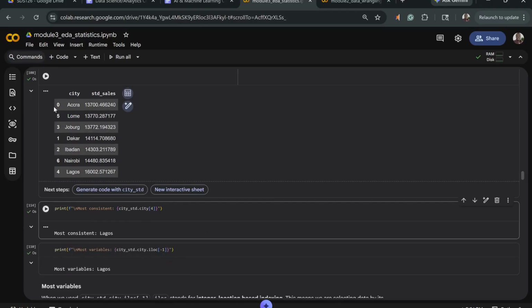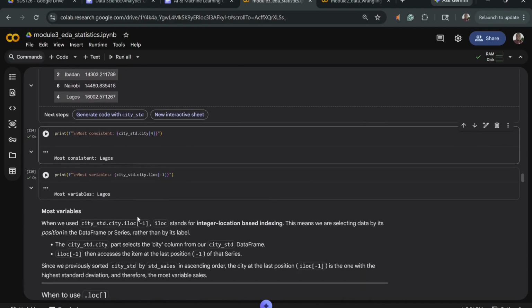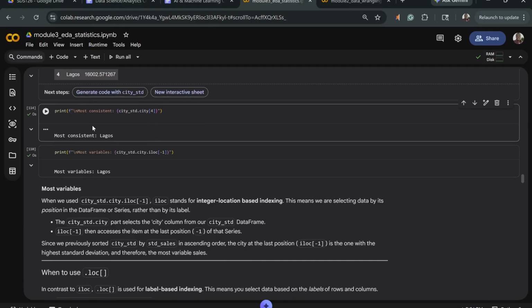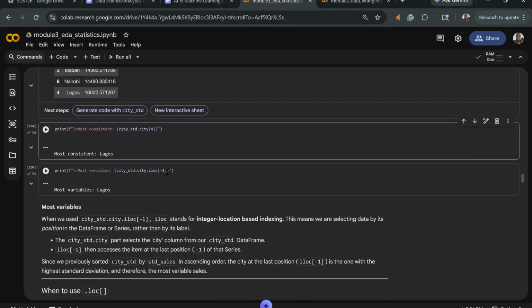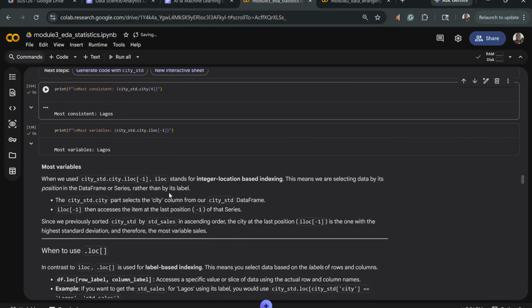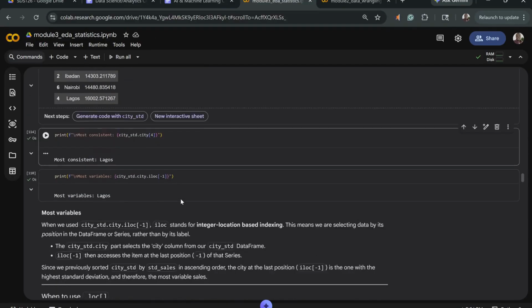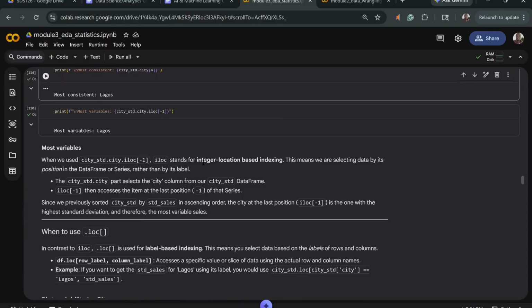So here the index of the city is still maintained. But when we use iloc, we are no more using the index. We are using the standard integer location-based indexing.